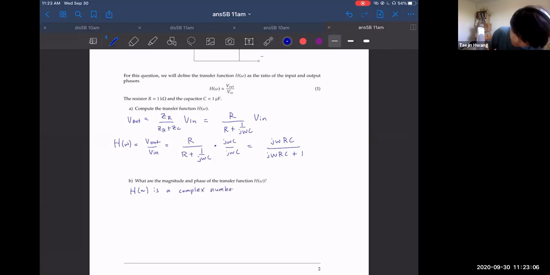Meaning, the magnitude of H of omega is just the magnitude of the numerator over the magnitude of the denominator, and the phase of H of omega is the difference of the two phases.